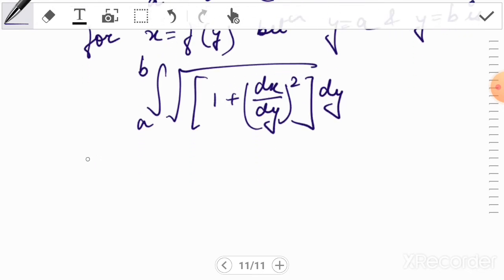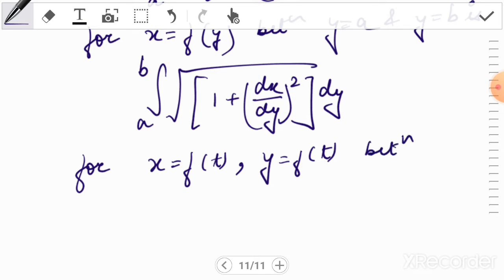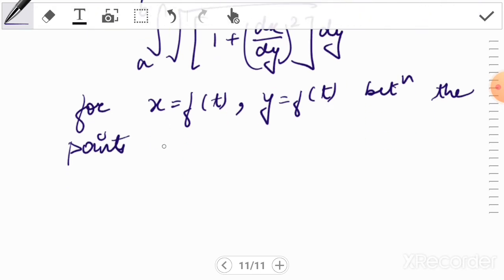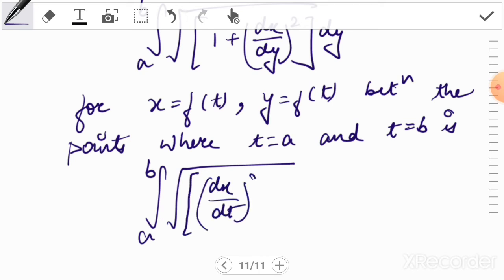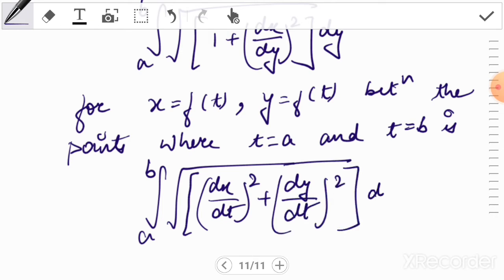Okay, for the curve x = f(t) and y = f(t) between the points where t = a and t = b, it is integral a to b root under (dx/dt) whole square plus (dy/dt) whole square dt, right?